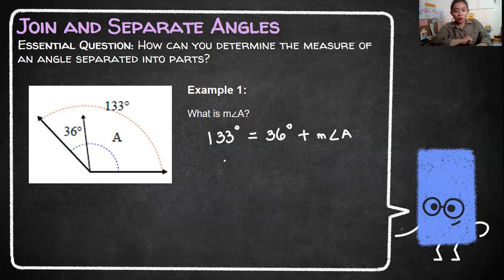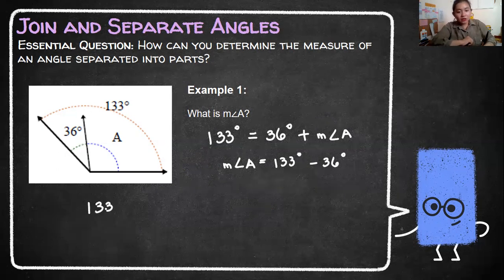So, it will go like this. Measure of angle A will be equal to 133 degrees minus 36. Let's try to subtract here. 133 minus 36. We have 3 minus 6 cannot be, so I need to borrow 1 from here.